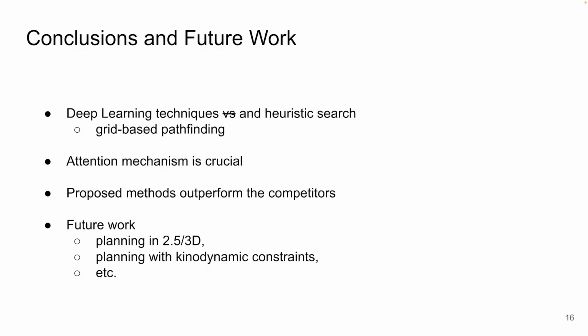We showed empirically that the suggested planners were able to successfully outperform the competitors that include both traditional heuristic search techniques as well as the state-of-the-art learnable approaches. The avenues for future research include, but are not limited to, planning in 3D and planning with kinodynamic constraints, etc.